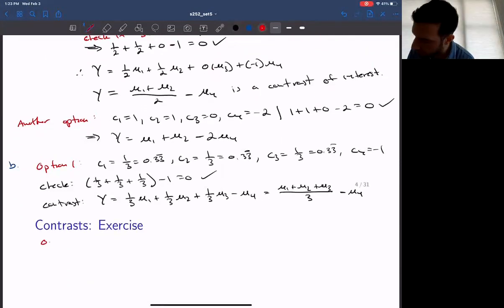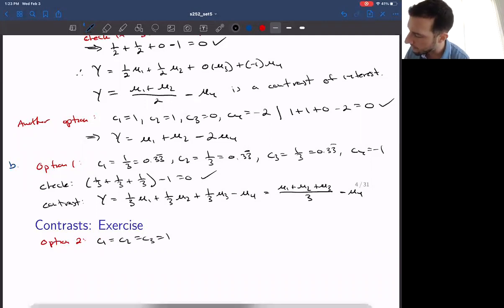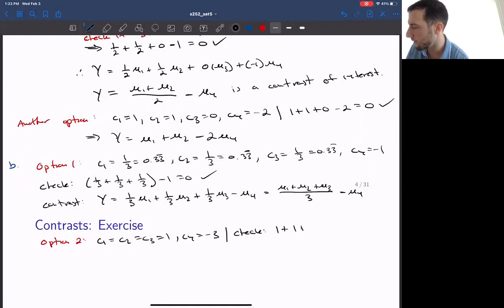Another way we could do it is we could just skip past the decimal notation and we could go C1 equals C2 equals C3 equals +1, C4 equals -3. Okay, so this would give 1 plus 1 plus 1 minus 3, which is 0.